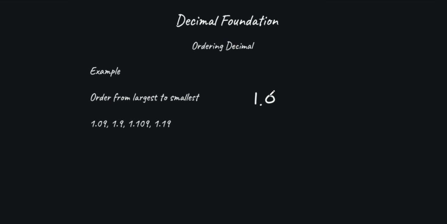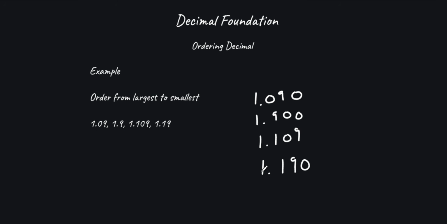So we'll start with 1.09, 1.9, 1.109, and 1.19. So here you see we have tenths, hundredths, and thousandths. So we're going to do that with the rest. So add a 0 here, add 2 zeros here, and add a 0 there. Now they all have the same number of decimal places.